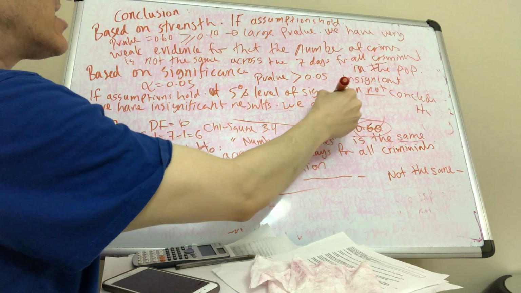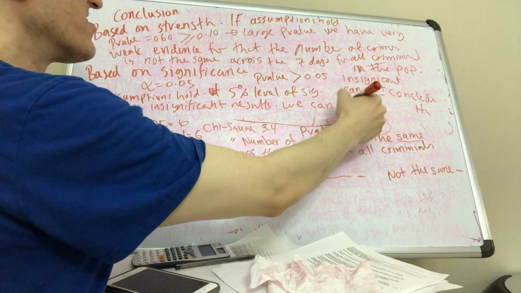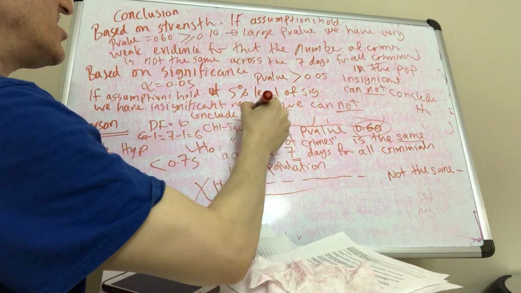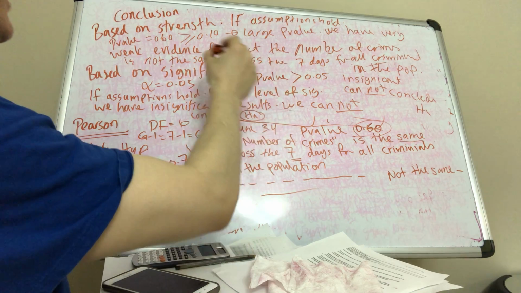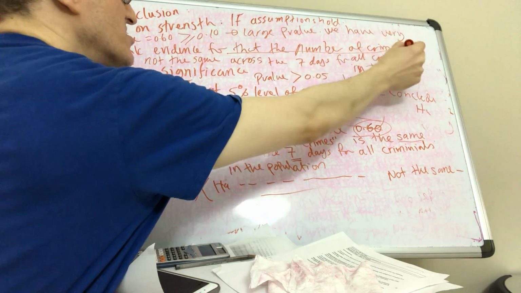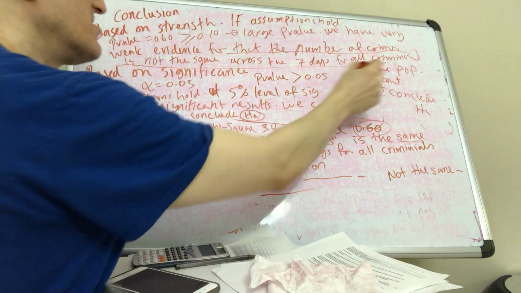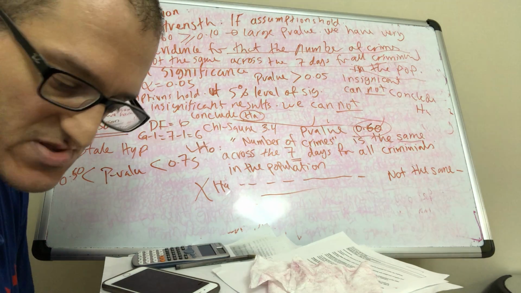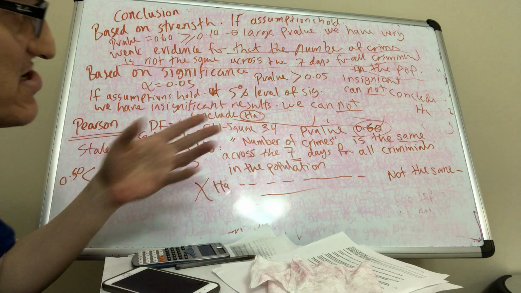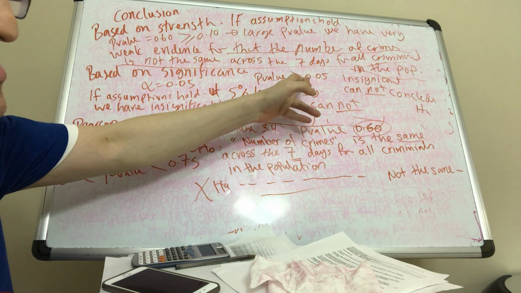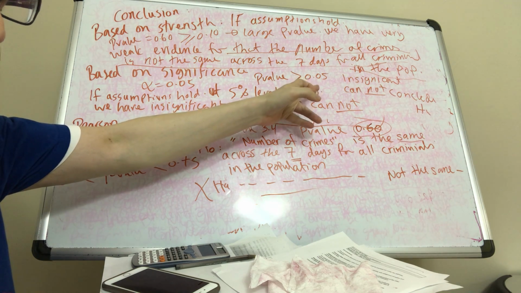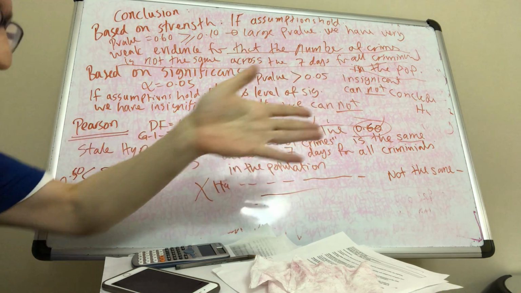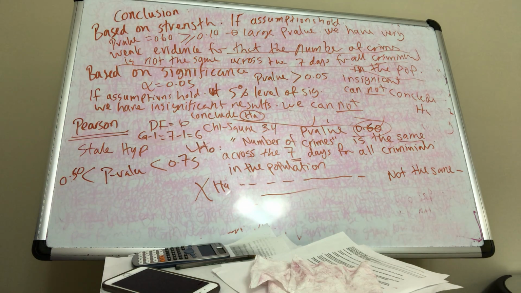We cannot conclude HA, but instead of HA, you say this. We cannot conclude that the number of crimes, the same thing we did for the previous one. So basically, if your p-value is less than alpha, then you have significant results. If it's more than alpha, you have insignificant results. Okay.